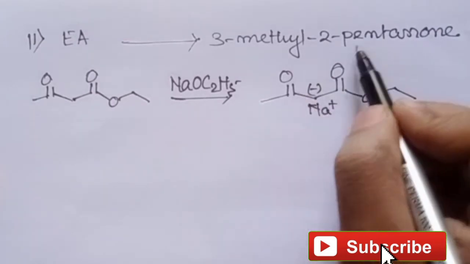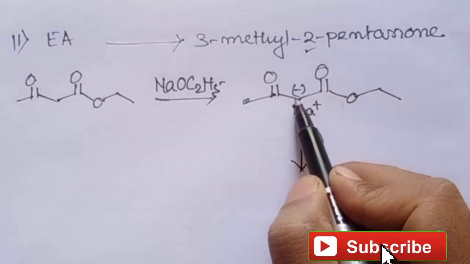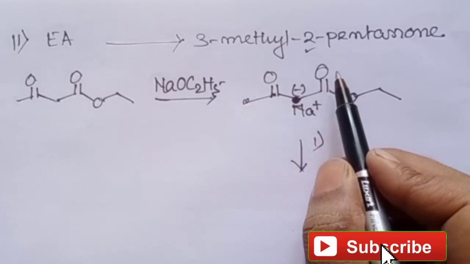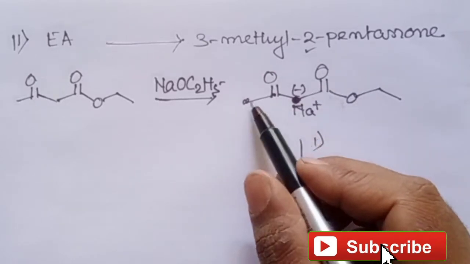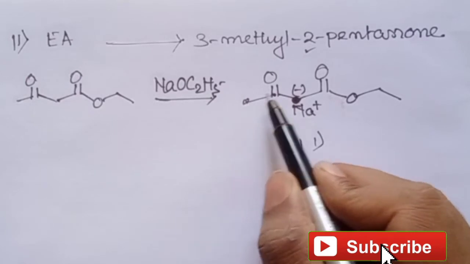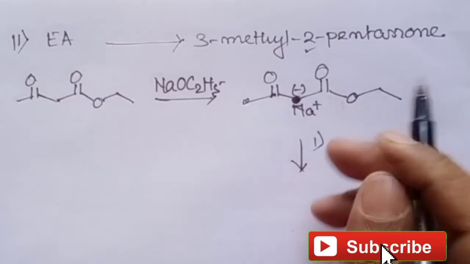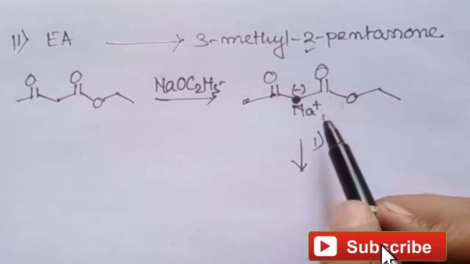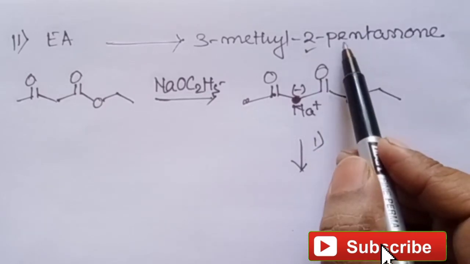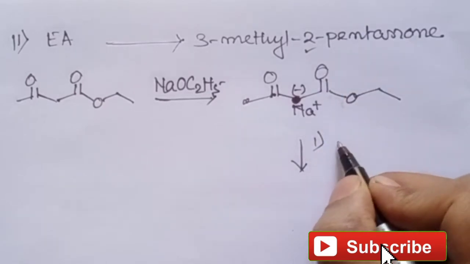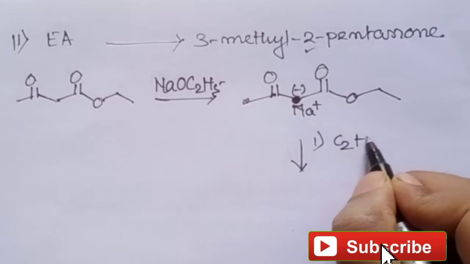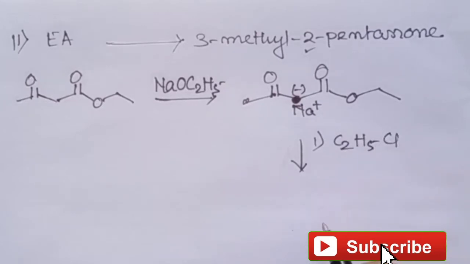Now 2-pentanone, 3-methyl, right? So how many carbons are still needed to make pentane? Now 1, 2, 3, so 3 is already there. I need 2 more to get pentane. So that's why I will add C2H5Cl.